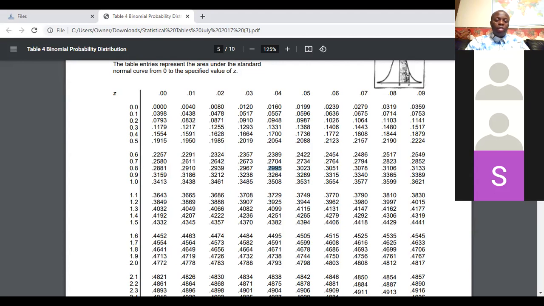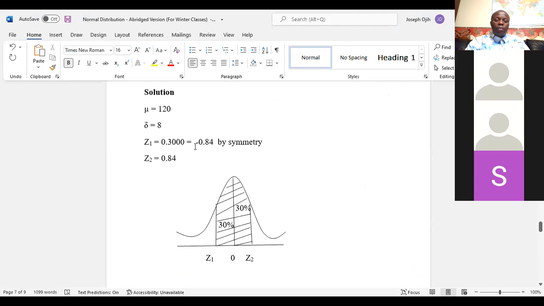That gives us the Z of 0.84. Now there are 2 Z's. The one on the left side, we put a negative sign for it to show that it's on the left side. That gives us negative 0.84. The Z2, which is on the right side, is positive 0.84.